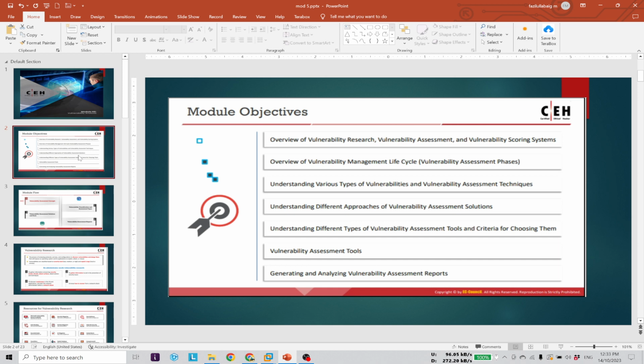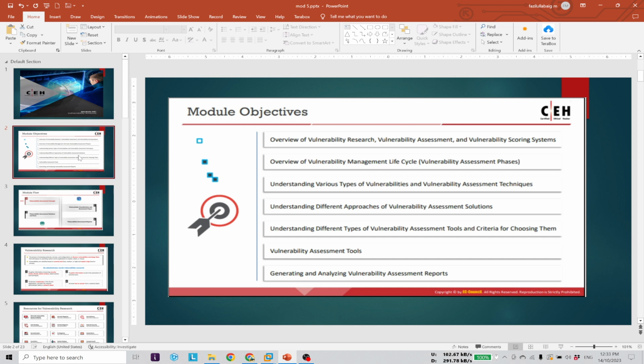So let's see what objective number 1 is. Overview of vulnerability research, vulnerability assessment, and vulnerability scoring system. Overview of the vulnerability management life cycle, that is nothing but the vulnerability assessment phases.